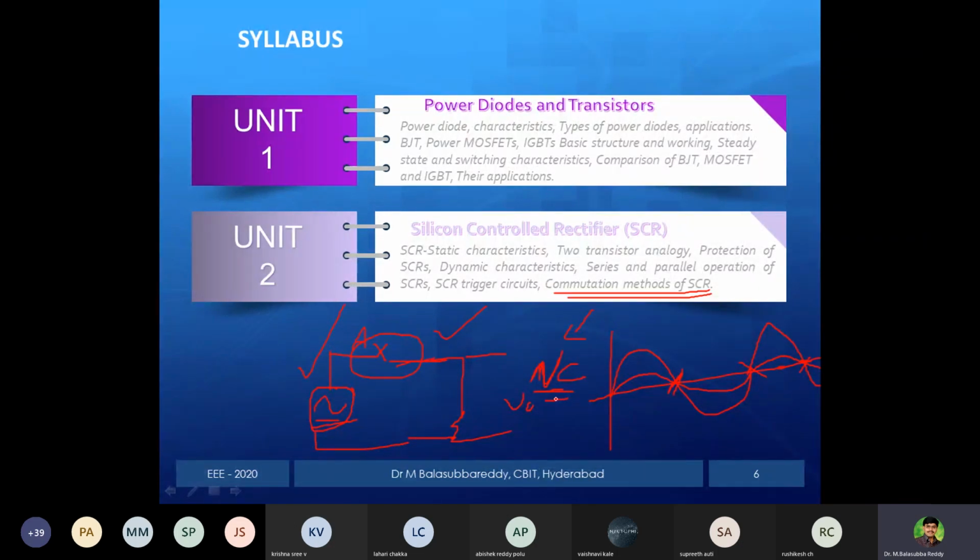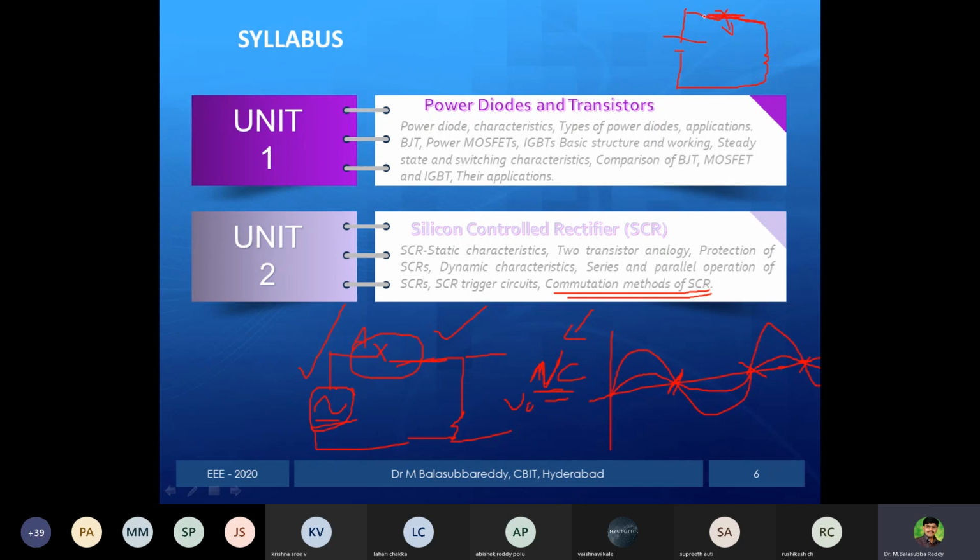But in other circuits like choppers or inverters, what will happen? The input is DC. If I want to turn off the device in a circuit like this, what do I have to do? I use a gate signal to turn on the device. Once the device is on, the switch is closed.